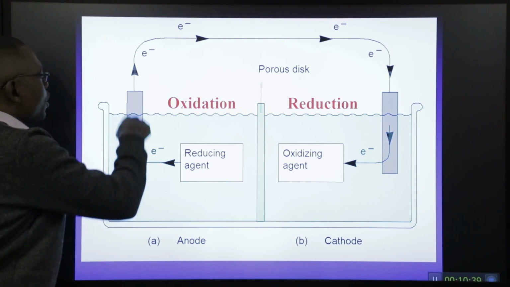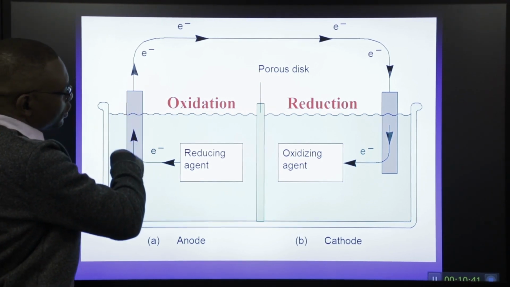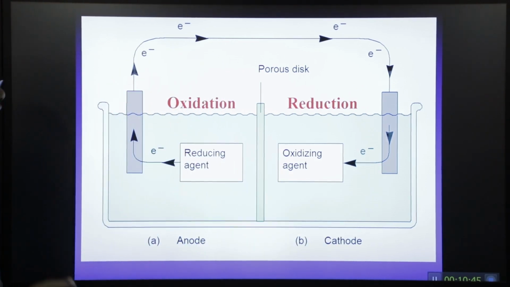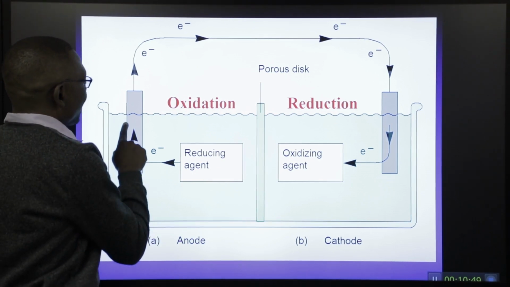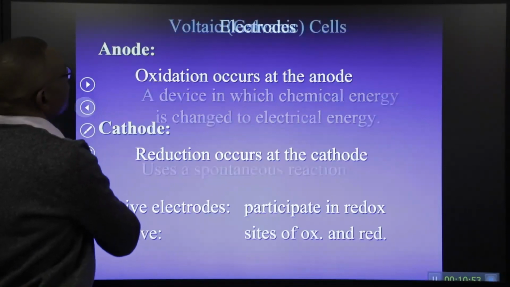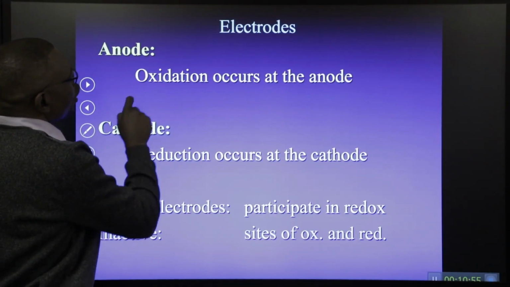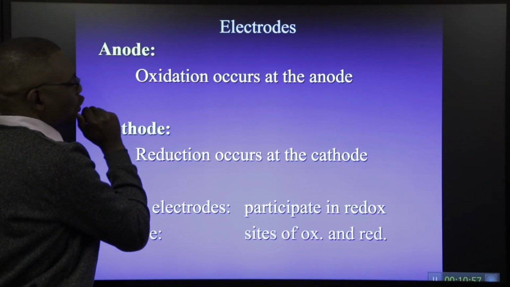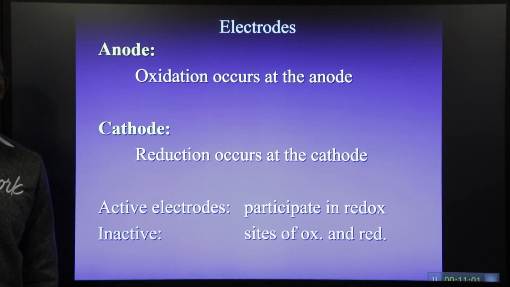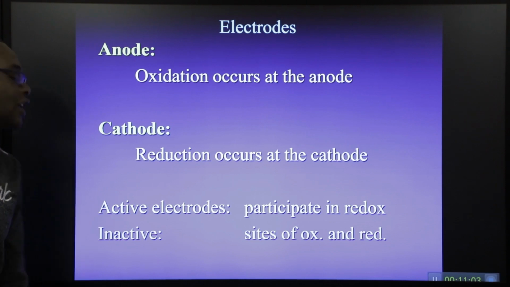So here we have got an electrode and another electrode, and this is an anode. Remember, we agreed earlier on that at the anode, oxidation occurs. What is oxidation? Remember, we said oxidation is loss of electrons.